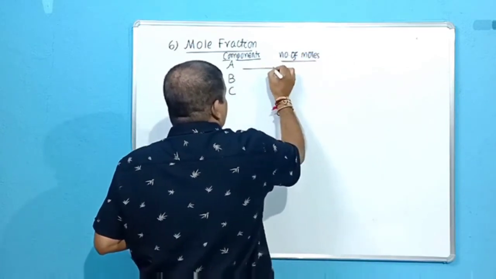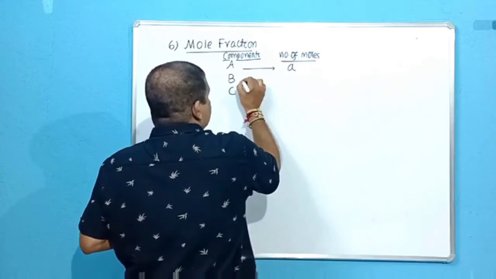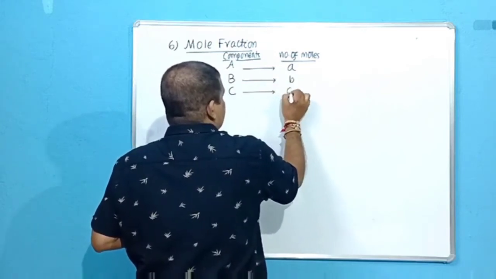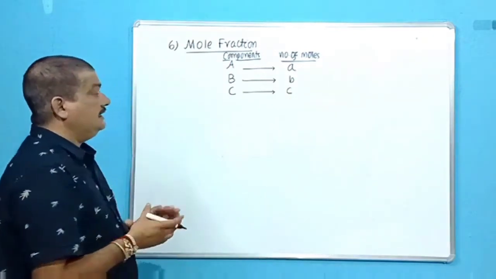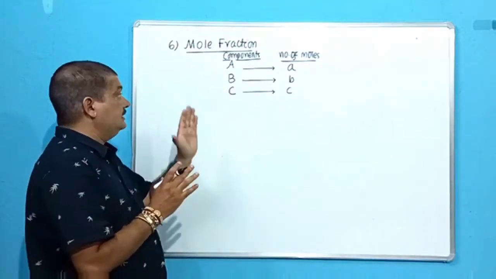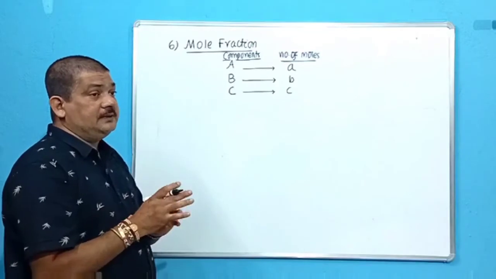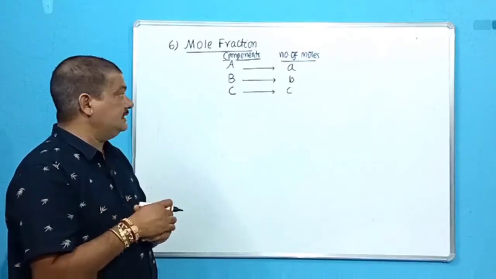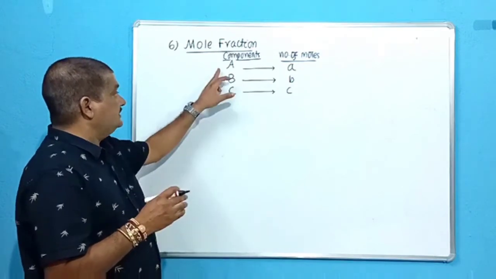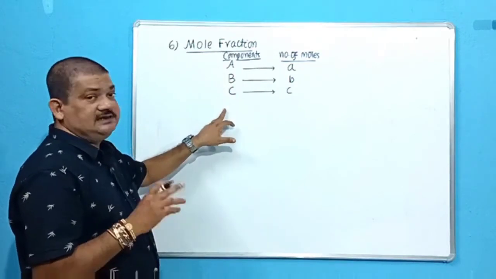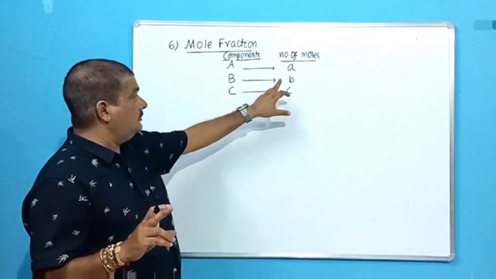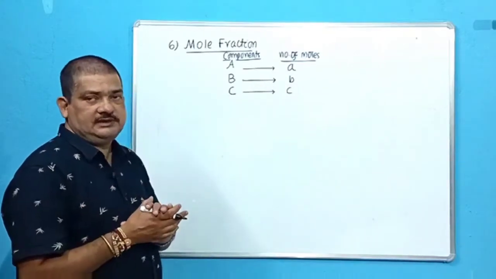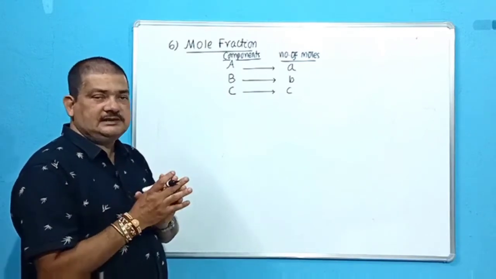Now let us say A is present in A moles, B is present in B moles, C is present in C moles. Okay. So follow it clearly. This method is only applicable when a solution contains two or more components. Suppose a solution contains A, B, C, three different components, and the number of moles of each present are A, B and C respectively. Okay. Then what is mole fraction?